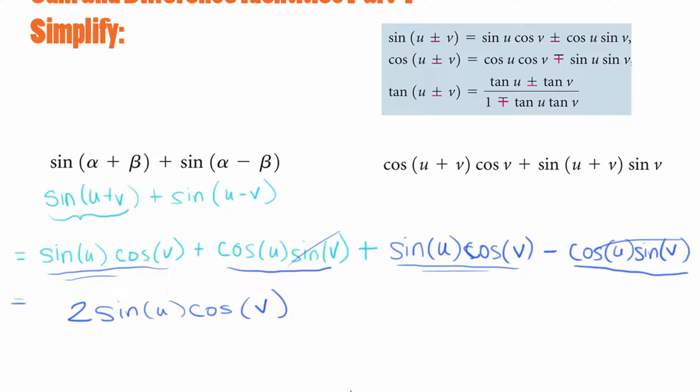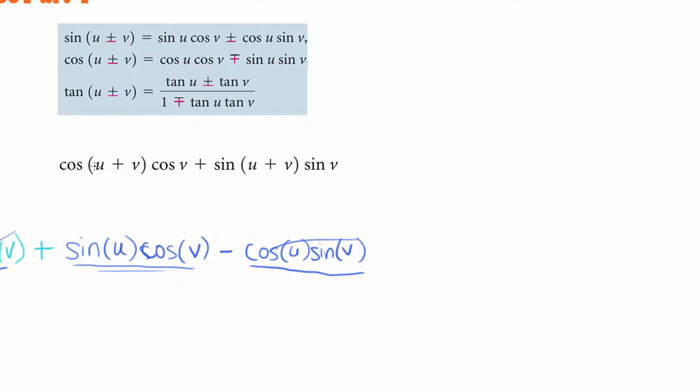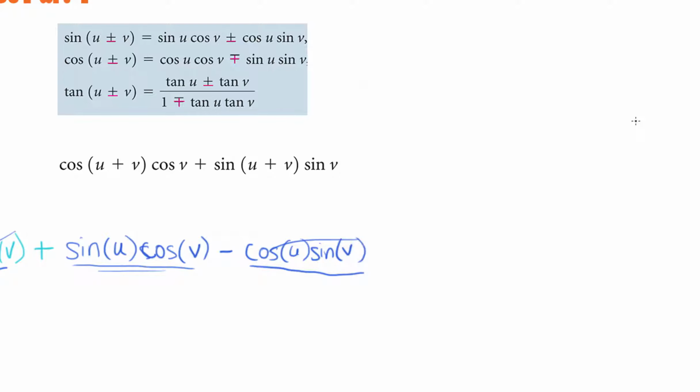Now, a problem like this: cosine of u plus v times cosine of v plus sine of u plus v times sine of v. So let's use a different color. First, we do cosine of u plus v. By identity, this is, and I'm going to put it in brackets because it's multiplying cosine of v, cosine of u cosine of v.